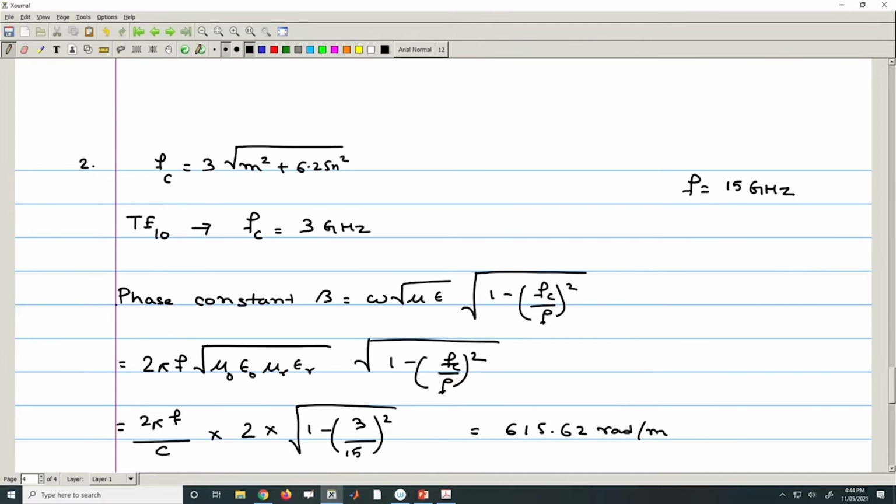Next is phase velocity. Phase velocity is given by omega upon beta.